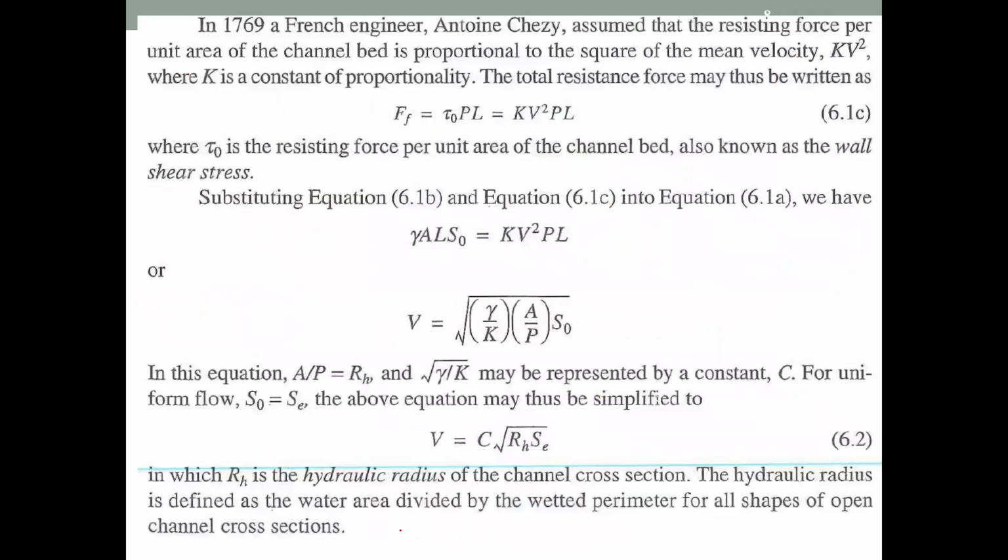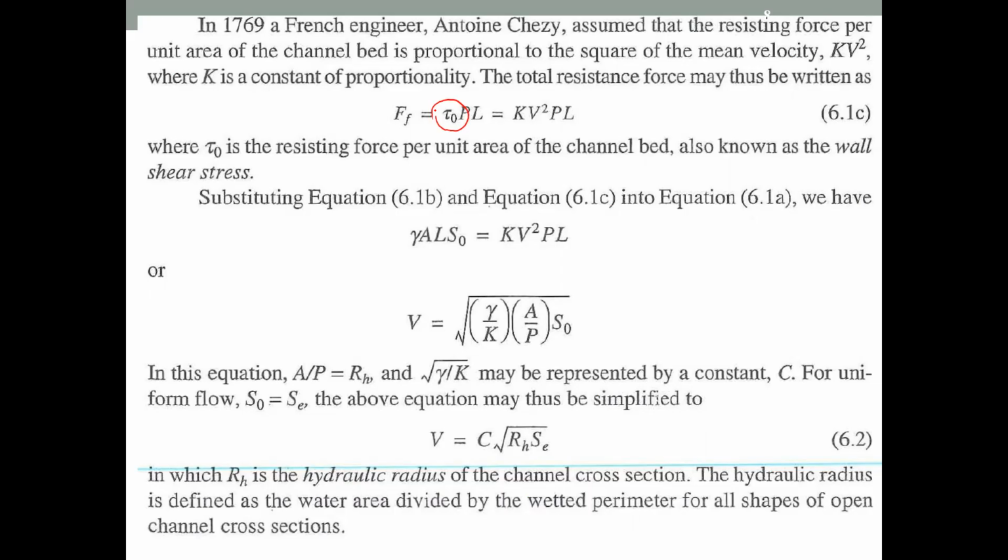Now, in like 1769, so in the 18th century, Antoine Chezy, he's the one who first studied it. He found that this shear stress, tau naught, we can write as a function of the average velocity.